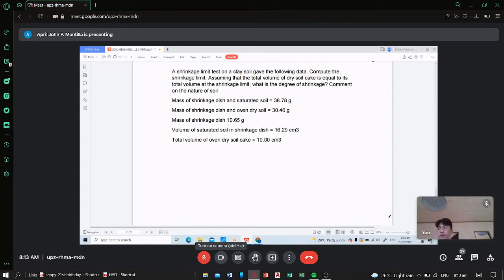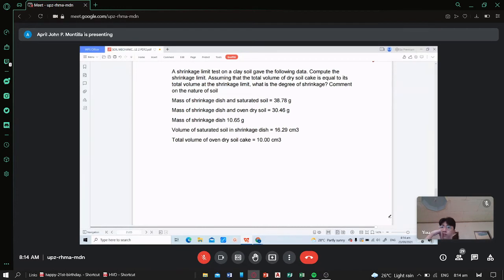Mass of shrinkage dish and oven dry soil is equal to 30.46 grams. Mass of shrinkage dish is equal to 10.65 grams. Volume of saturated soil in shrinkage dish is equal to 16.28 cubic centimeter. Total volume of oven dry soil cake is equal to 10 cubic centimeter.